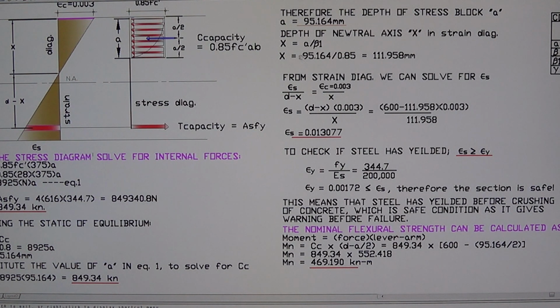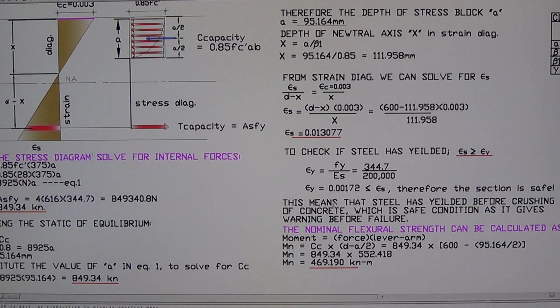ES right here is 0.0 and then 1, which is greater than 0.00172. Therefore this condition is satisfied, and since EY is smaller than ES, therefore the section is safe.